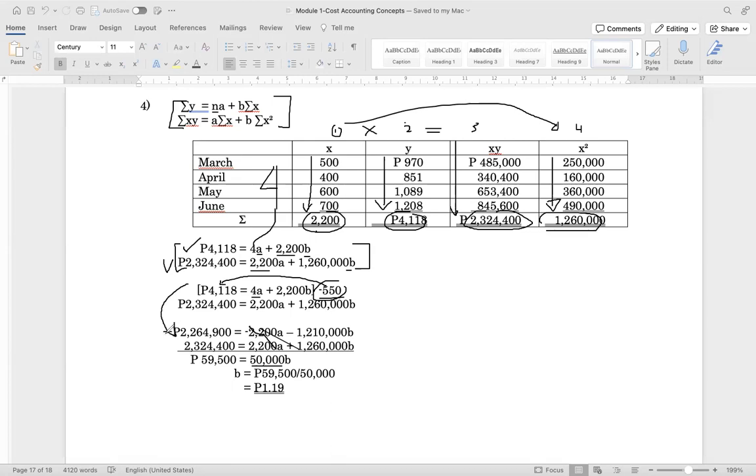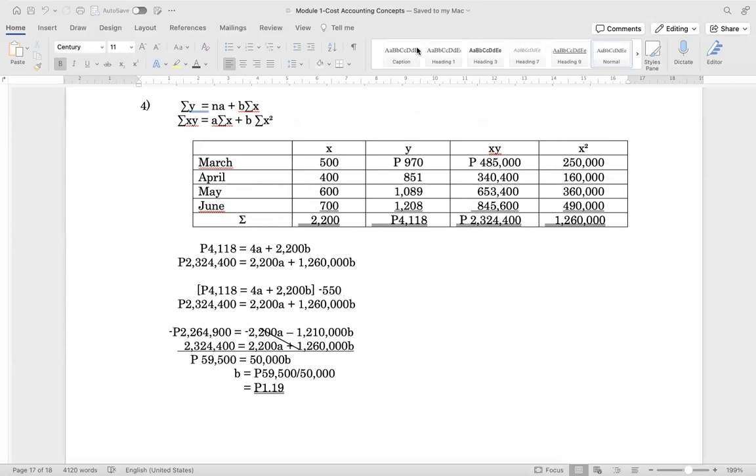This negative amount is deducted from 2,324,400 to get 59,500. And b is computed by dividing 59,500 by 50,000 to get 1.19. So that is your variable cost per unit.